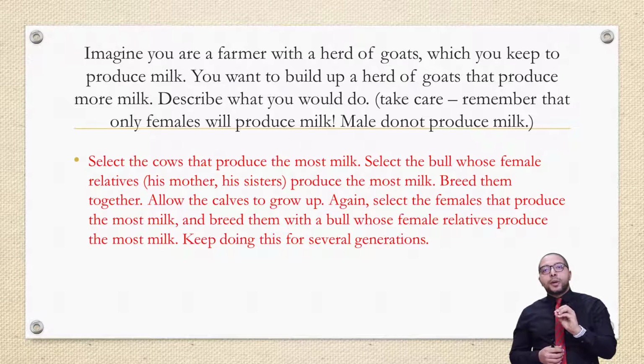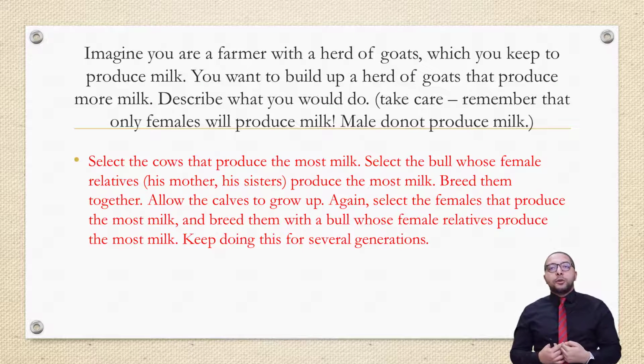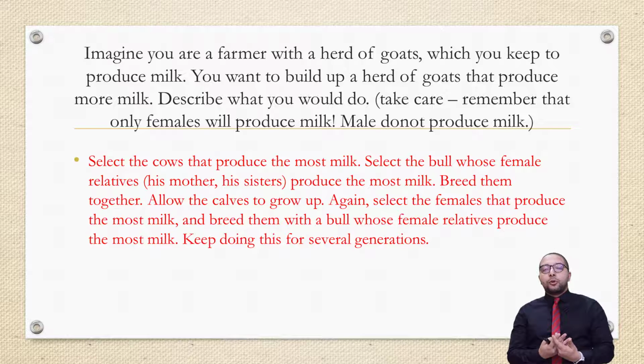We'll take this offspring, and then we'll breed it with another male that has a mother or a sister that produces more milk, and so on across the generations. We're going to get goats that produce more milk more consistently than the goats that produce less milk. So it's about time we select the organisms that have the favored characteristic. We breed them together in order to have a new generation.